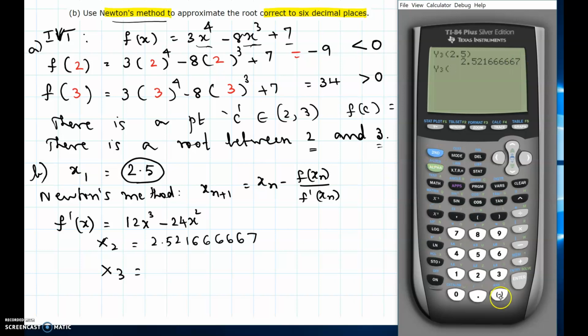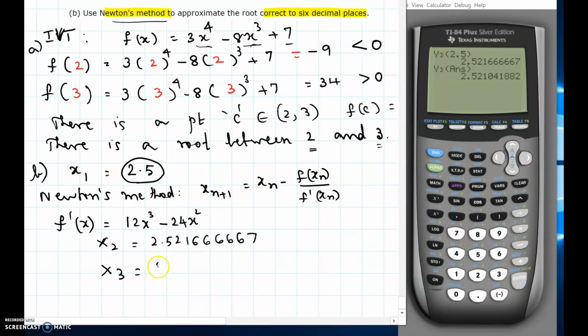In order to do that, you hit second and the negative button, which picks the answer from the previous step. Now you hit enter. What you get now is the third approximation, which is 2.521041882.